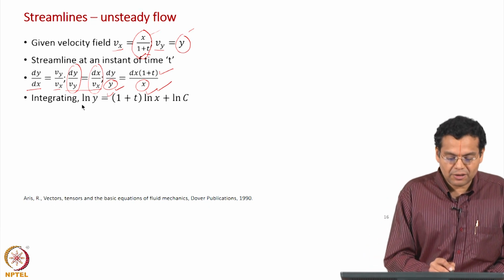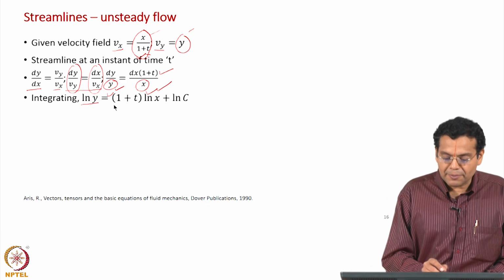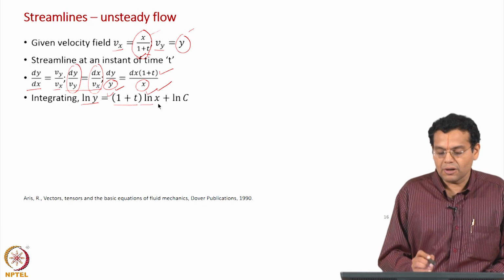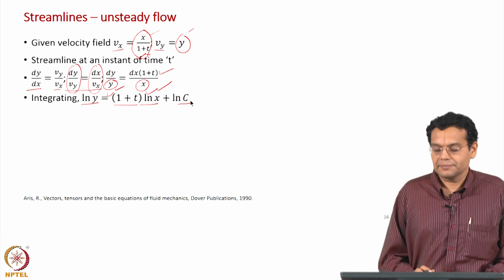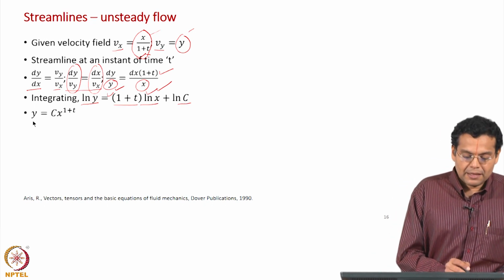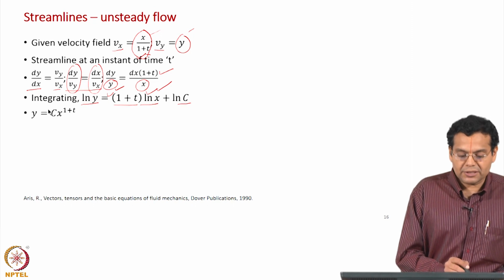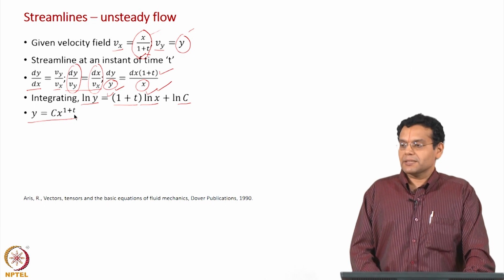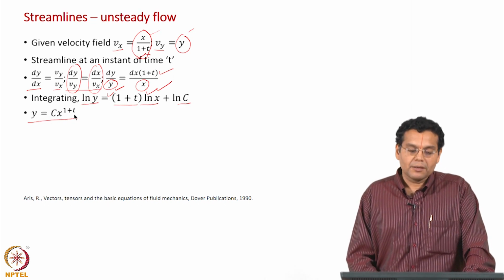So, the left hand side is ln y, on the right hand side 1 plus t is just a constant, and then dx by x on integration gives you ln x, the constant is ln c, which we can rearrange and express the equation for streamline as y equal to c x power 1 plus t.